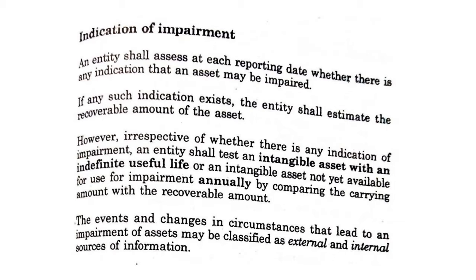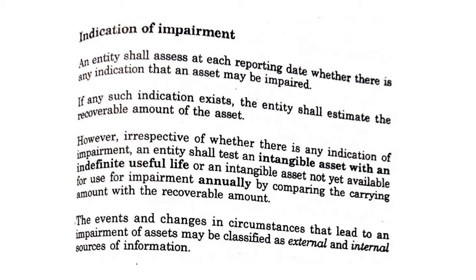The entity shall estimate the recoverable amount of asset. However, irrespective of whether there is an indication of impairment, the entity shall test the intangible asset with an indefinite useful life or an intangible asset not yet available for use for impairment annually. Okay.